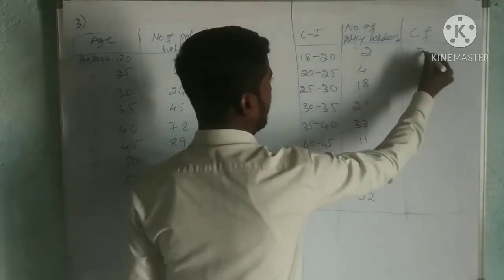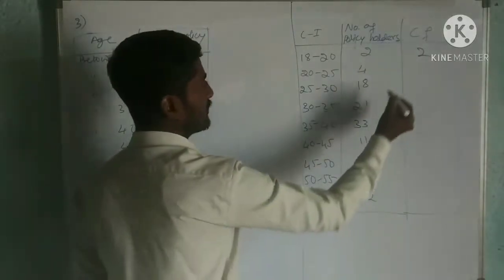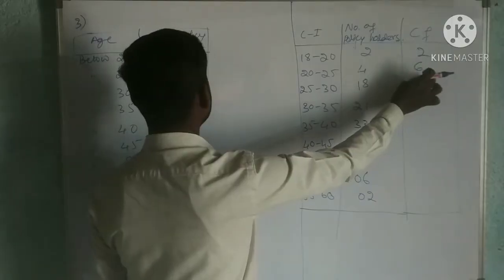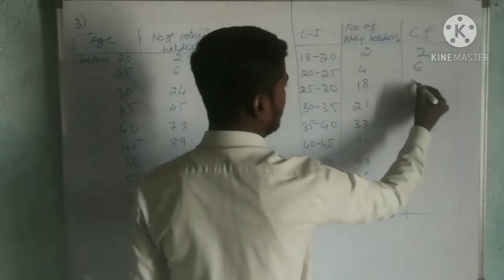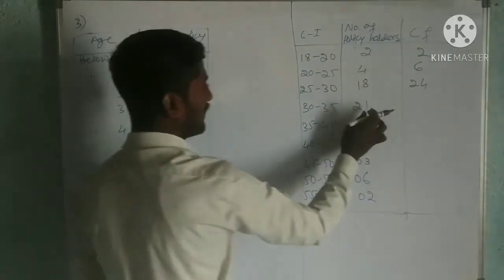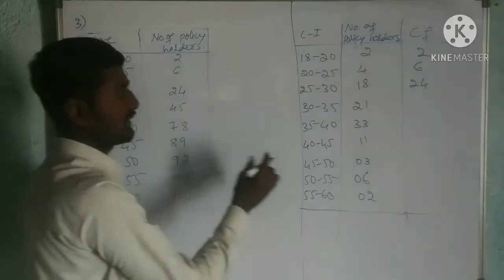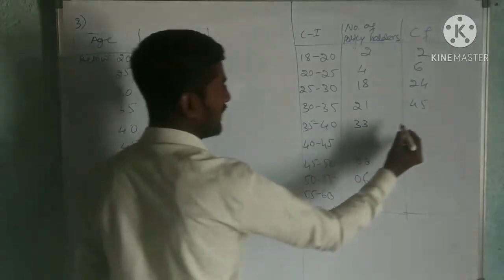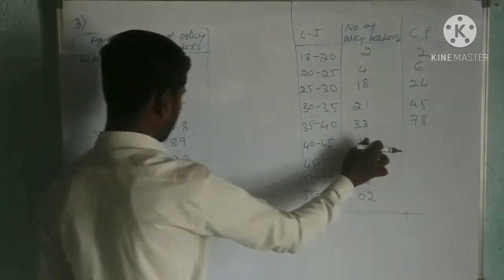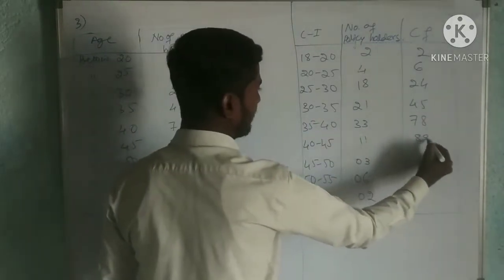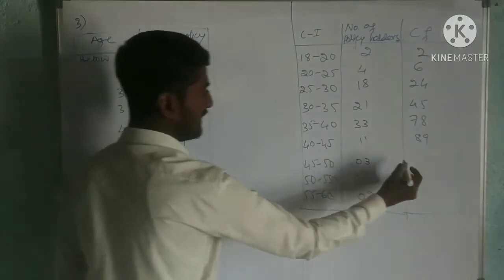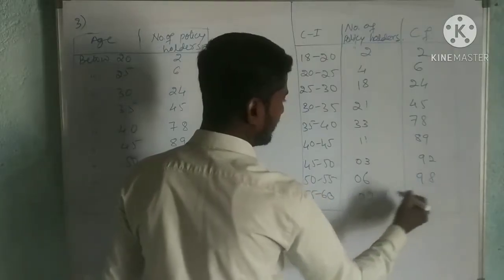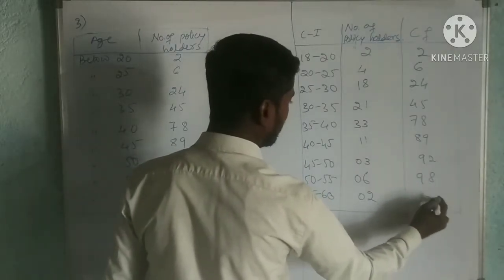First one, you write 2 as it is. 4 plus 2, 6. Then 18 plus 6, 24. 24 plus 21, that is 45. 45 plus 33, 78. 78 plus 11, 89. 89 plus 3, 92. 92 plus 6, 98. 98 plus 2 is 100.